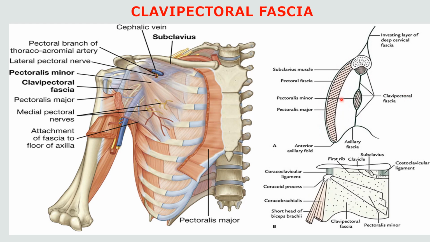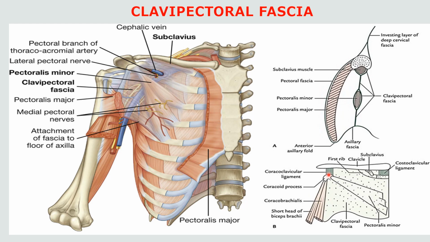I repeat again, the clavipectoral fascia is a thick sheet of connective tissue. Medially it fuses with the anterior intercostal membrane of the upper two spaces. Laterally, it is attached to the coracoid process, as you can see in this diagram, and blends with the coracoclavicular ligament.